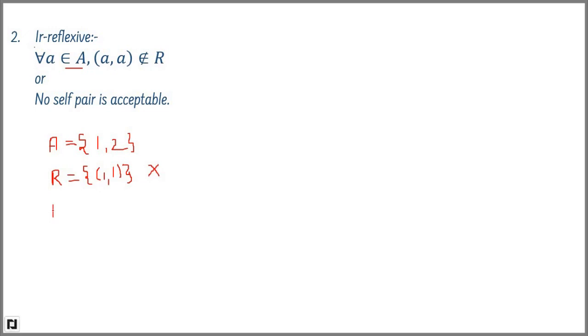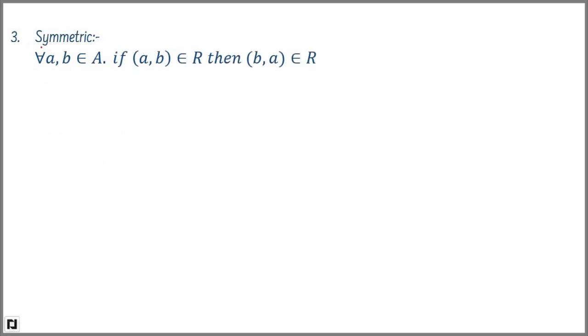But if we have a relation R which contains the pair (1,2), then this is irreflexive.